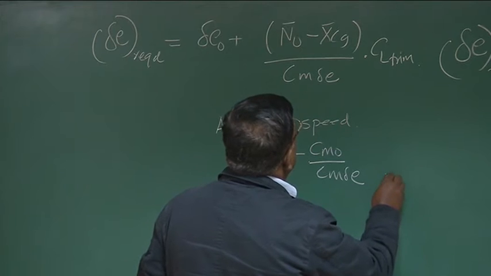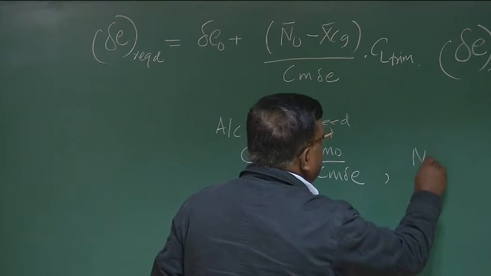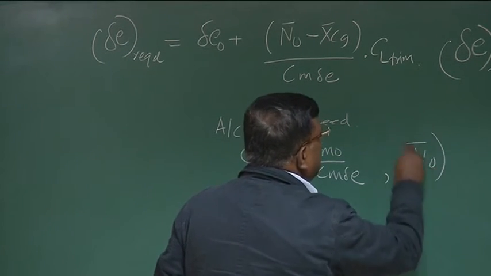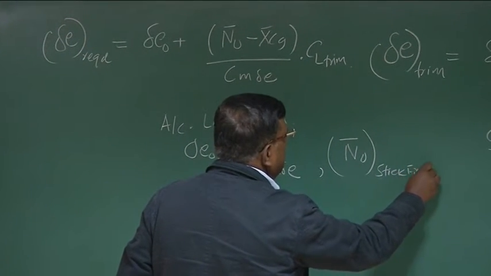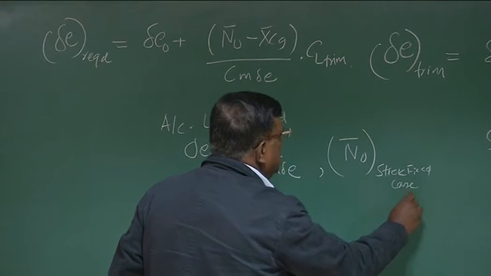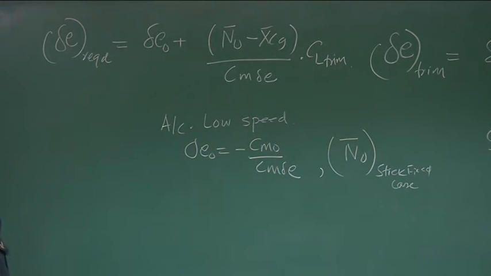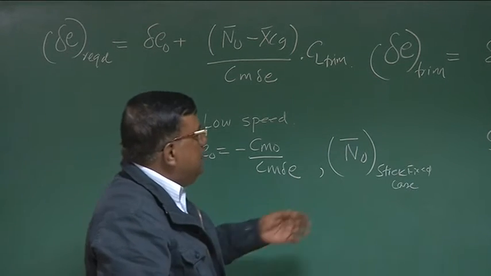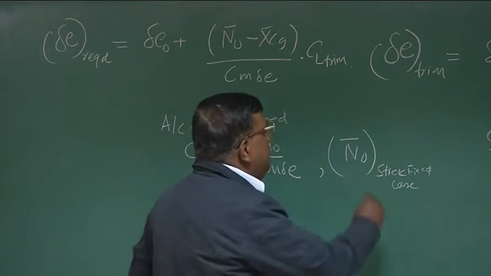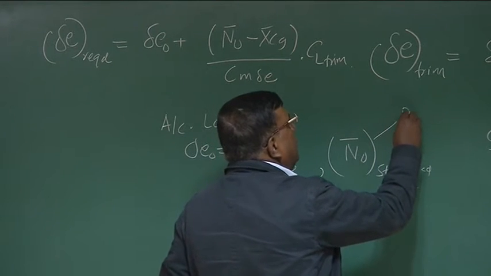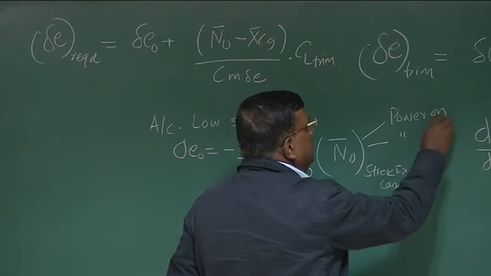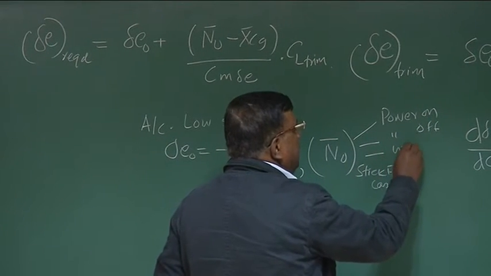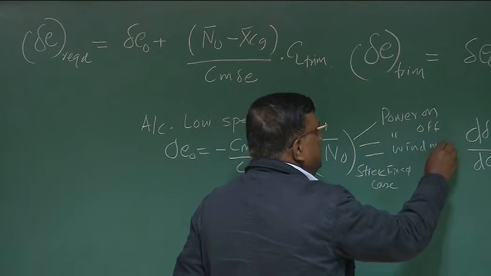Similarly, your N naught bar, which is for a stick fixed case, is also fixed, right? But we have noticed that this N naught bar may vary depending upon whether it is power on, power off, or propeller windmilling, right?